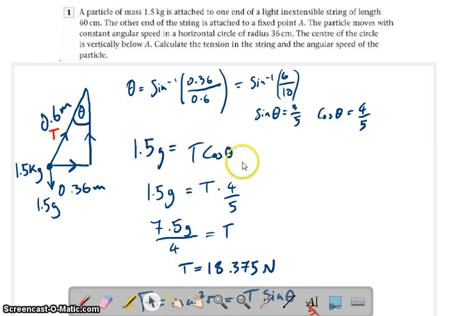So 1.5 g is equal to T cos theta. Okay, the weight is equal to the upward component of tension, and cos theta is 4 over 5. So we can calculate very easily that the tension is 7.5 g divided by 4, which gives us 18.375 newtons.